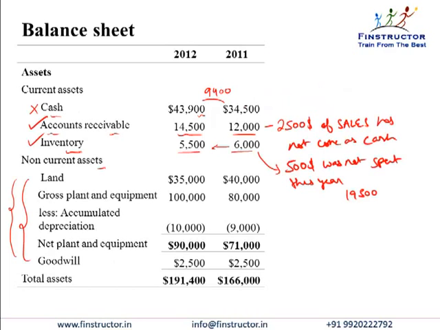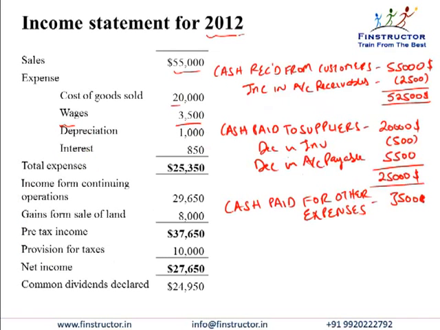So the cash paid for other expenses has to be decreased to this extent, that is the increase in wages payable to the extent of $3,500, or the actual cash paid for other expenses was 0. Because we were supposed to pay $3,500 but we didn't pay anything, that's why the entire wages payable went up by $3,500.